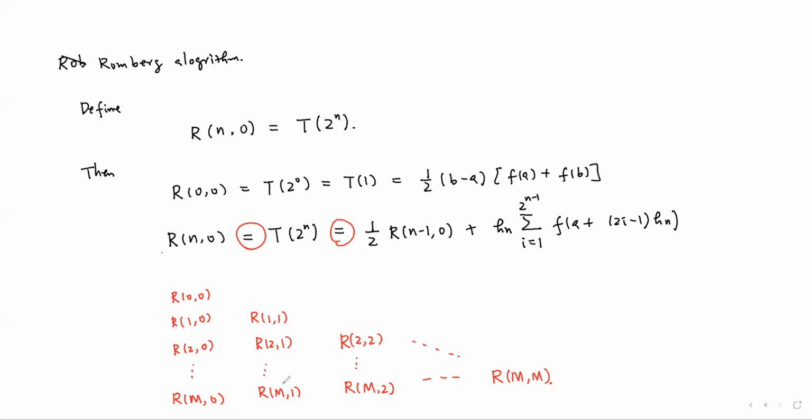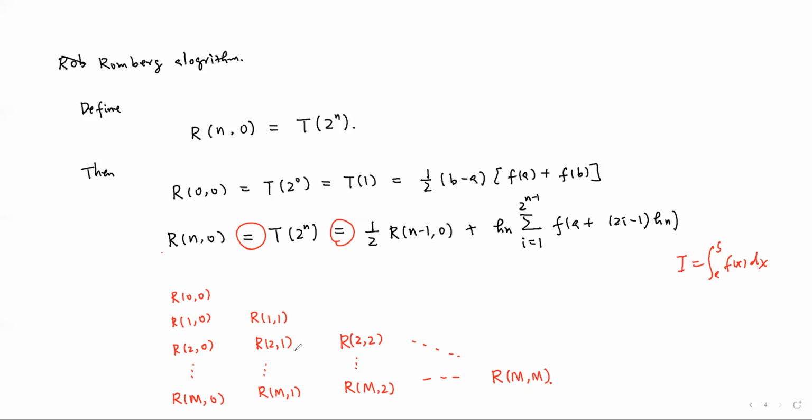Then the second column is more accurate than the first column; the second column improves the accuracy of the integral. And the third column improves the accuracy of the second column, and so on.